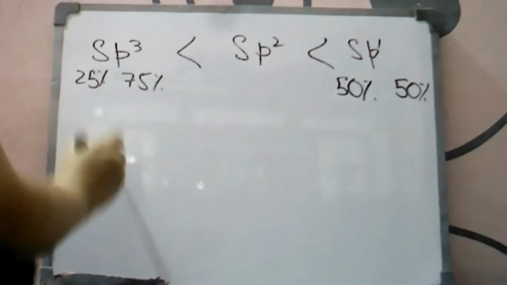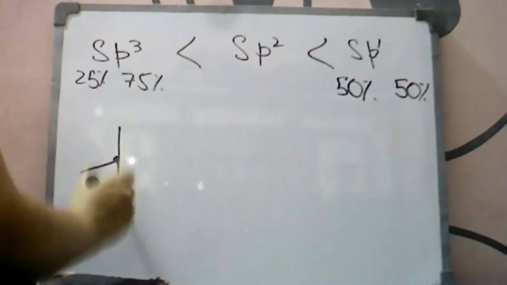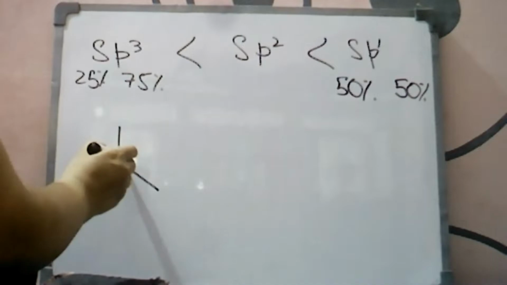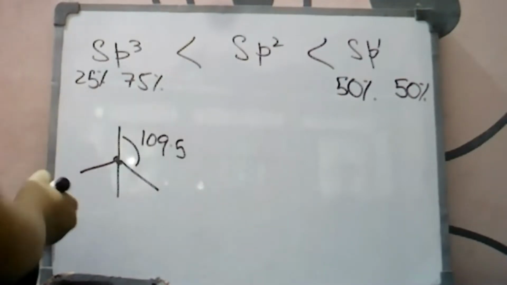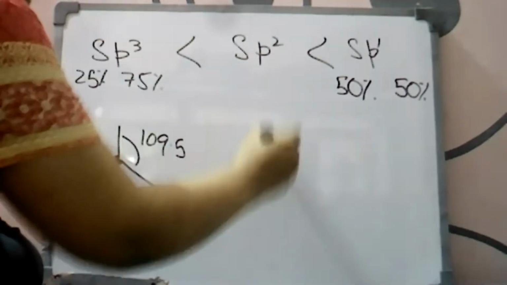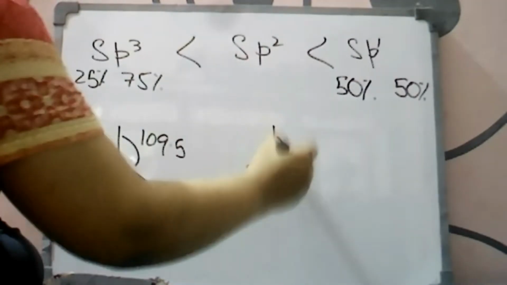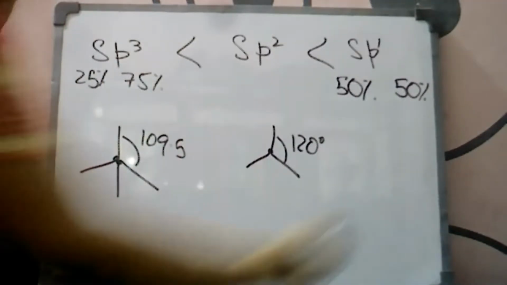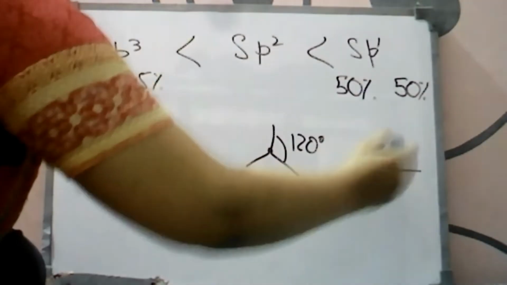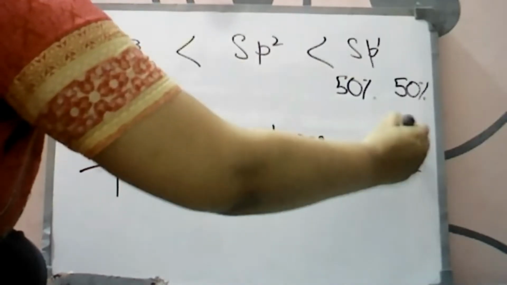In sp3 hybridization, tetrahedral is the geometry and the bond angle is 109.5. In sp2 hybridization, the geometry is trigonal planar and the bond angle is 120 degrees. In sp1 hybridization, the geometry is linear and the bond angle is 180 degrees.